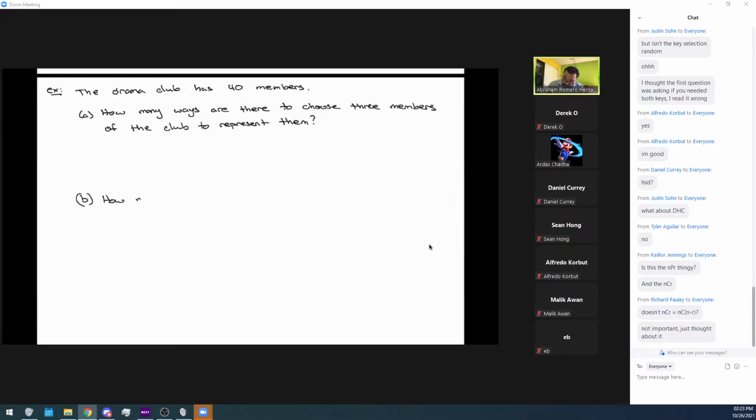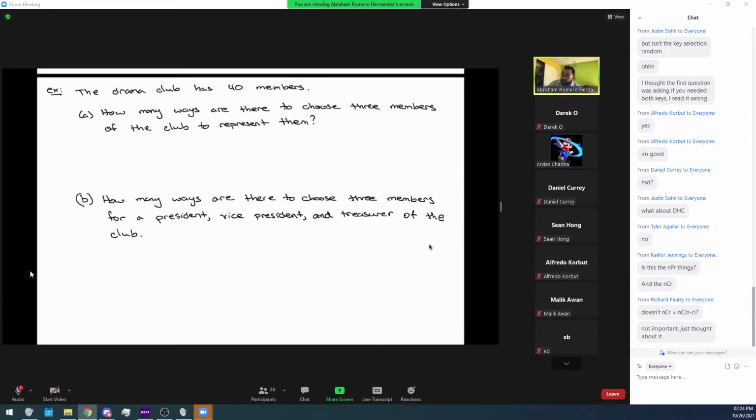How many ways are there to choose 3 members for a president, vice president, and treasurer of the club, where no person can hold more than one office?